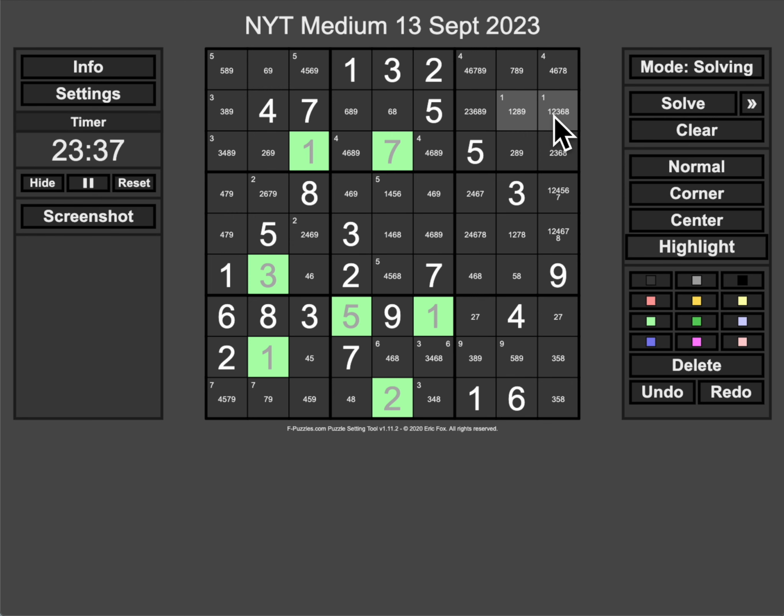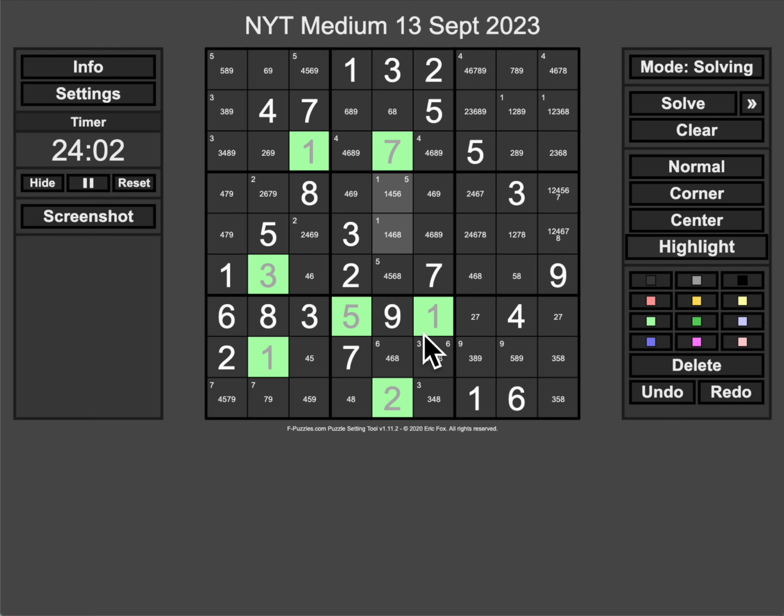We still have too many options for 4, 5, or 9 in column 3 and row 9 respectively. See, this can't be 1, this can't be 1, that can't be 1. Okay, 1 is definitely in one of these two.